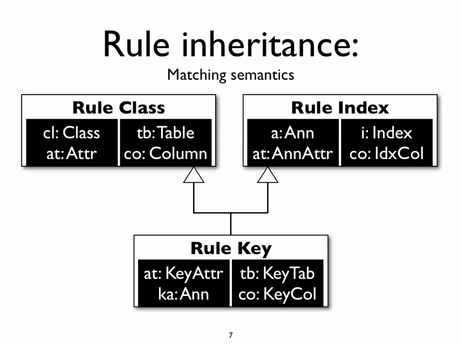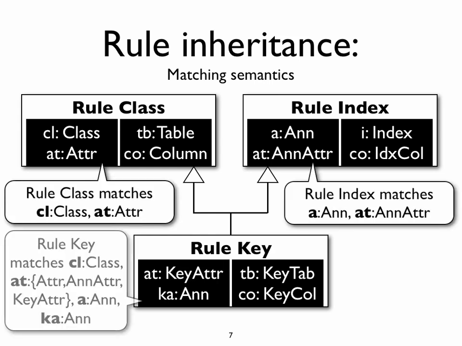So let's see in a bit more detail how that's going to work. So if we are going to produce a combined match, it could go like this. You have the rule class that matches an element CL, which is a class, an element AT, which is an attribute. Then this rule index here matches an A, which is an annotation, and an AT, which is an annotated attribute. And we actually find out that for some matches, these ATs are the same. So then these are a combined match already. And then we can look at the rule key.